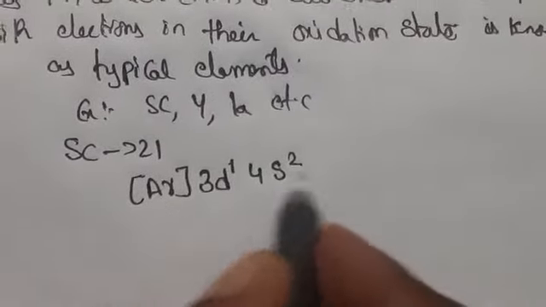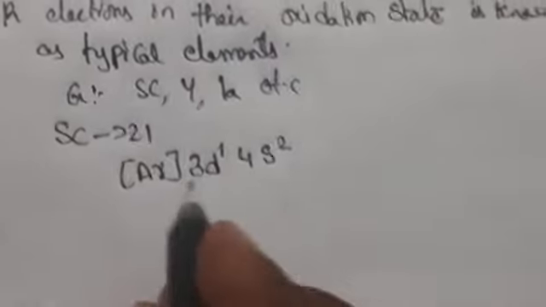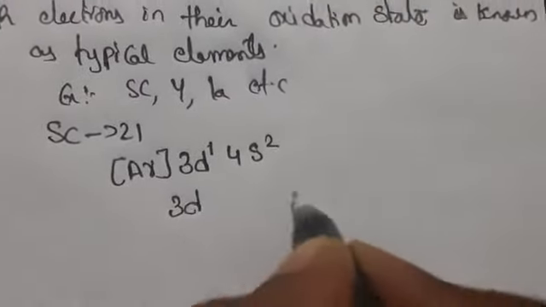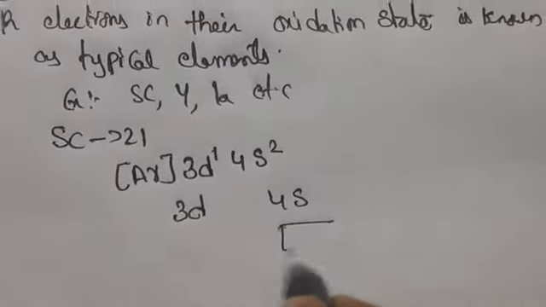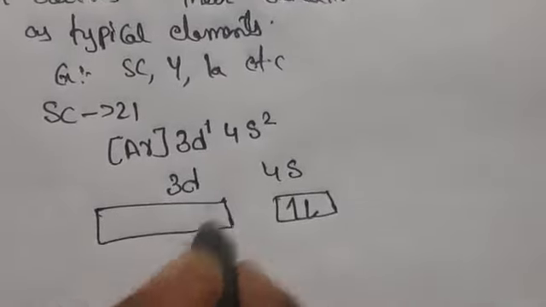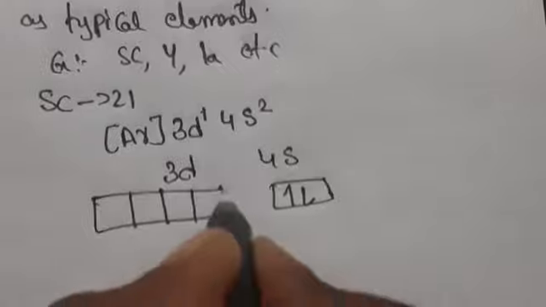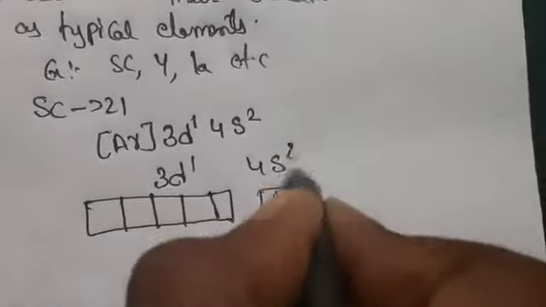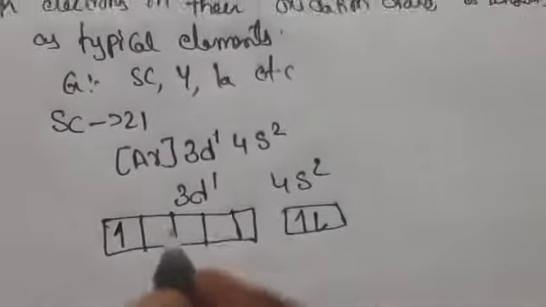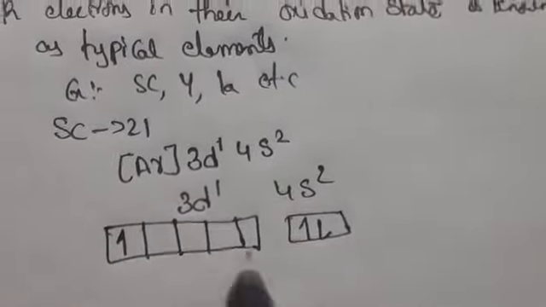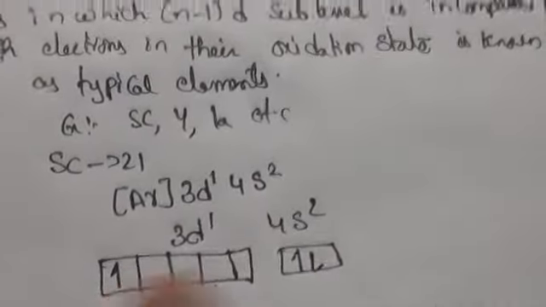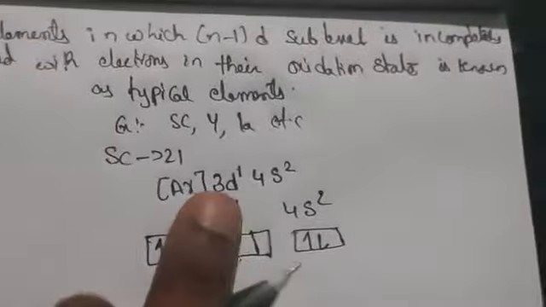Argon contains 18 electrons, plus 3, 21 overall. 4s contains 2 electrons. The 3d is divided into 5 orbitals and has only 1 electron, so it is incompletely filled. So the n-1 d subshell is incompletely filled with electrons in their oxidation state. This one we call typical elements.